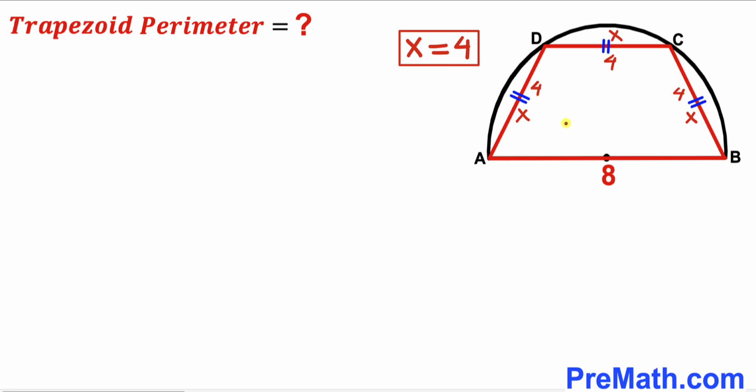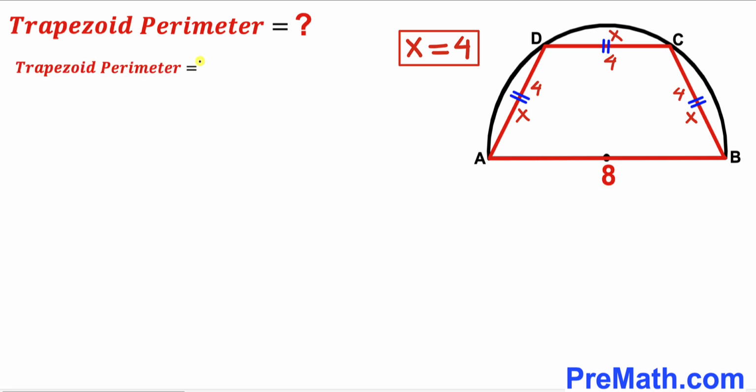And here's our final step. Now we are going to find the perimeter of this trapezoid ABCD. And the perimeter is going to be the sum of these side lengths of this trapezoid ABCD.